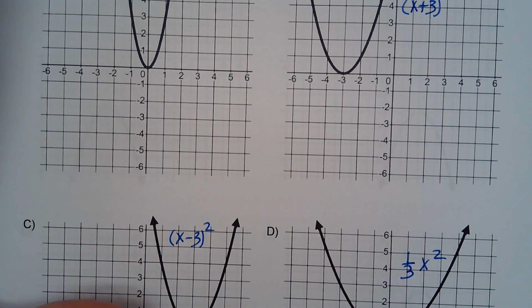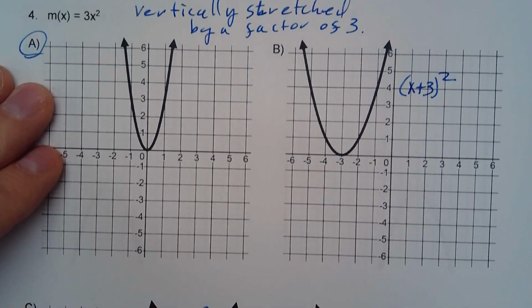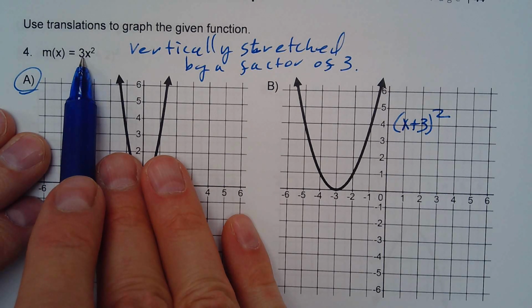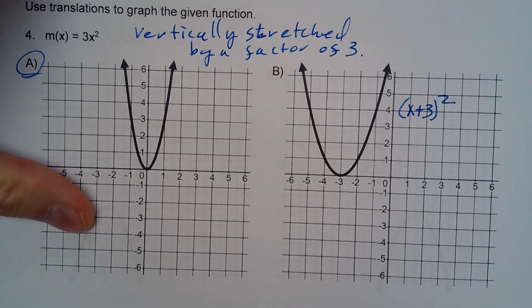So here A was my correct answer. And keep in mind, whenever you're doing a shift, like a vertical shift and a horizontal shift, it's always being added and subtracted. With vertical stretches or shrinks and horizontal stretches, you're multiplying. So just kind of bear that in mind.